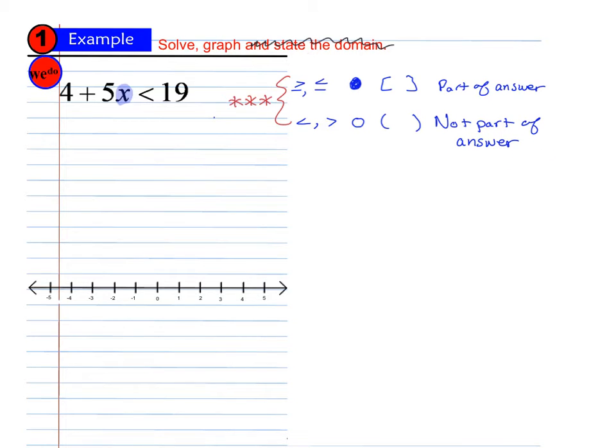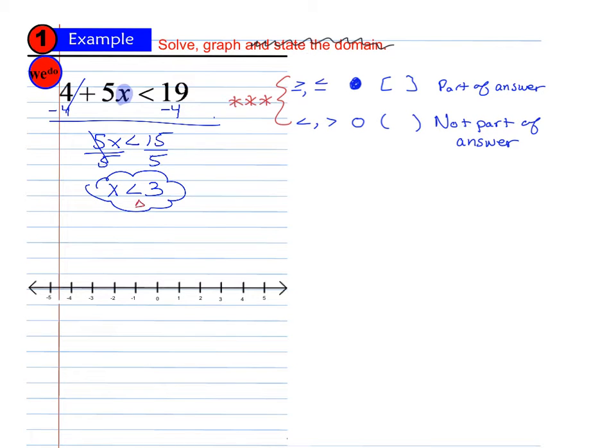So if we're going to start with solving this problem, the first thing we're going to do, just like when we did the equations, we're going to subtract 4 from both sides. We're going to have 5x is less than 15. We're going to divide both sides by 5, and we're going to get x is less than 3. This is our inequality statement.